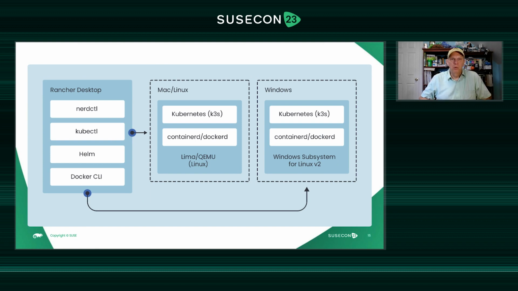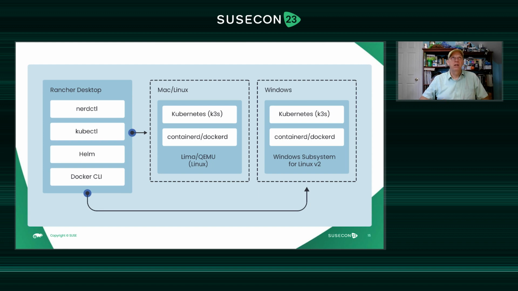If you're thinking a little more ahead and are a little more advanced, and you're comfortable running in a containerd environment, then you can use the nerdctl commands. nerdctl works great. It has a very similar feel to the Docker commands. So we've got that available. We also use Helm and kubectl, so you can have those commands to use as well as you're interacting with the local Kubernetes that is running on your desktop.